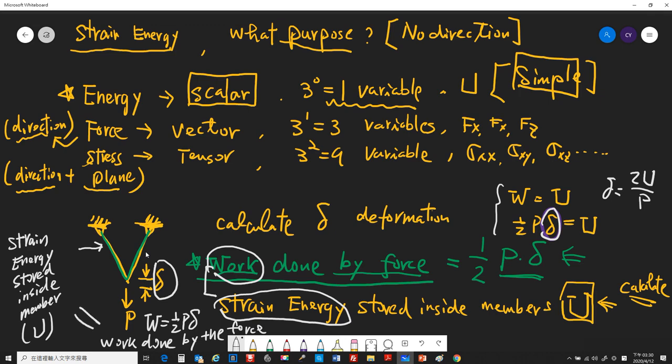These two are equal. So then we can calculate the delta. So that is why we need to learn strain energy, because sometimes it's an easy way to know the deformation.